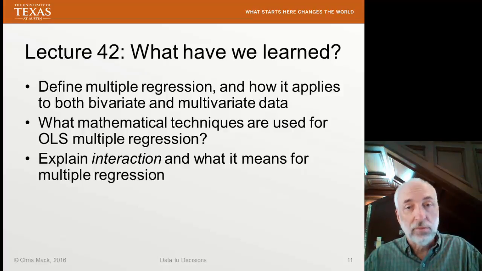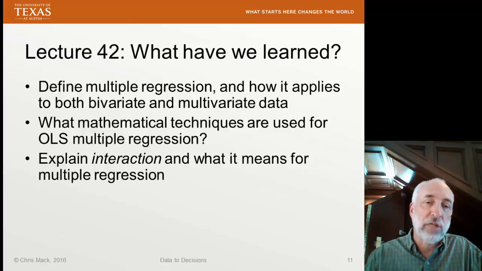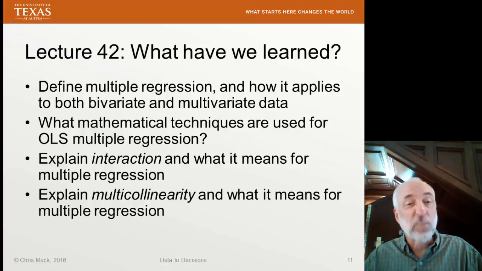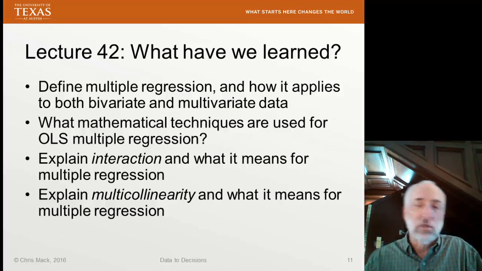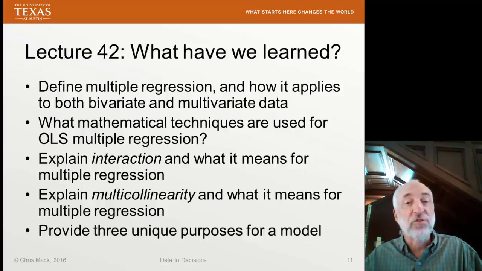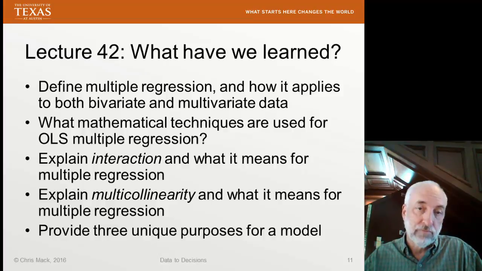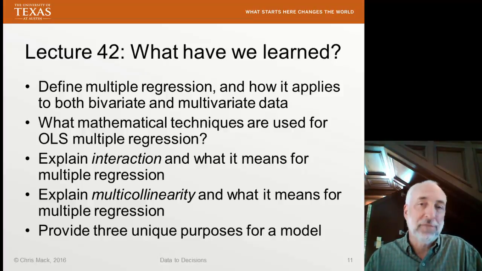Explain interaction and what that means for multiple regression. Explain multicollinearity and what that means for regression. And finally, provide three unique purposes for a model. All of these topics are going to be discussed in more detail in coming lectures, but till then.